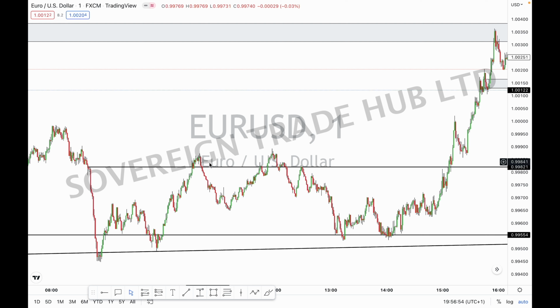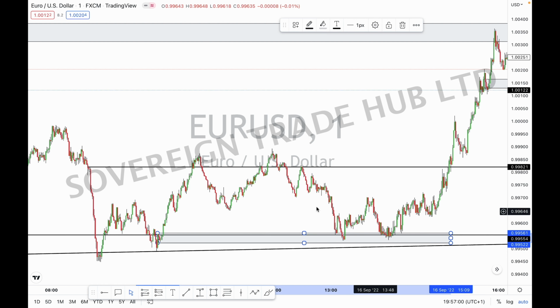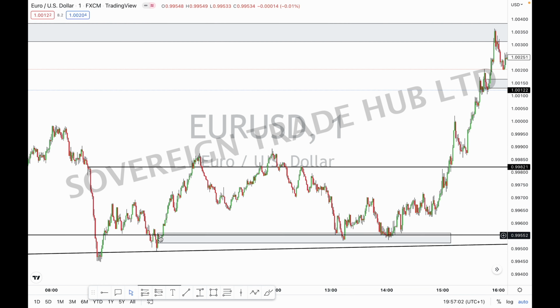So the market broke above this high on the 1 minute, and what did we see next? The market stepped into this zone. This was the very level that sponsored the break of this high.